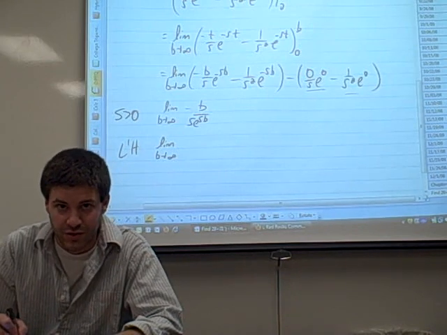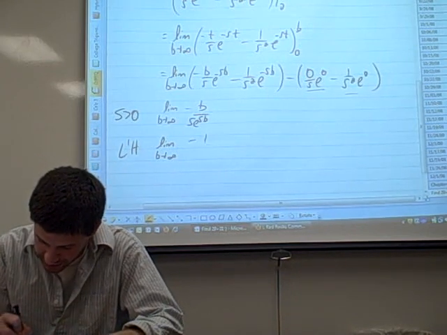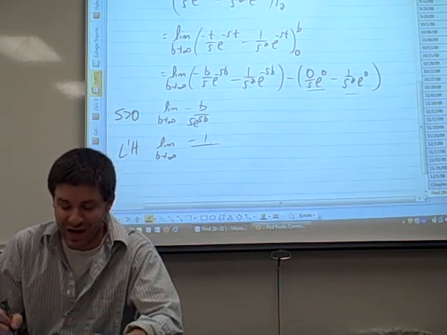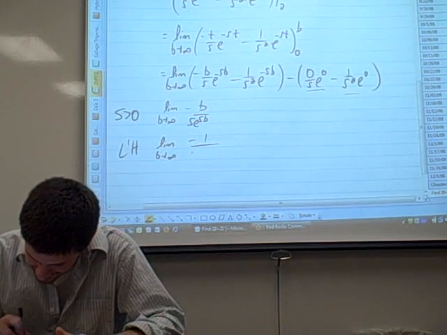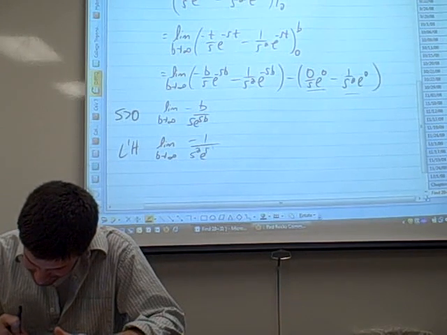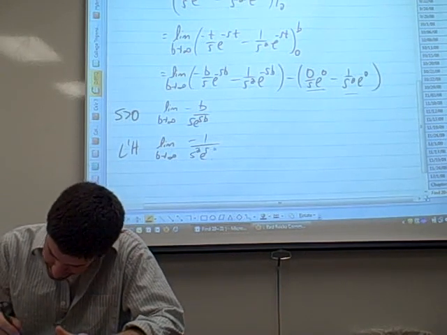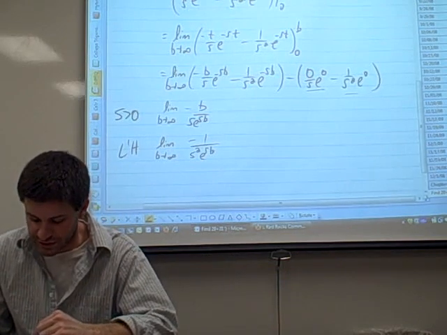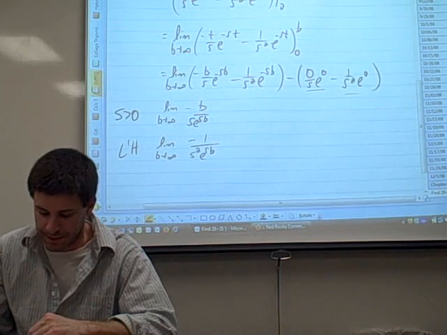You take a derivative of the numerator with respect to b, you get negative 1, over the derivative of the denominator with respect to b, which is s squared e to the sb. And now that limit obviously goes to 0 because you have 1 over infinity.